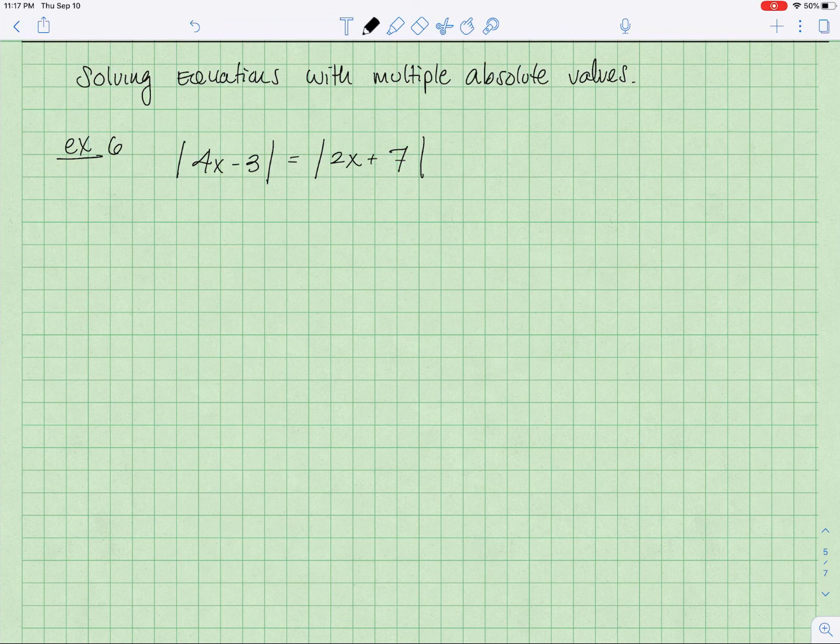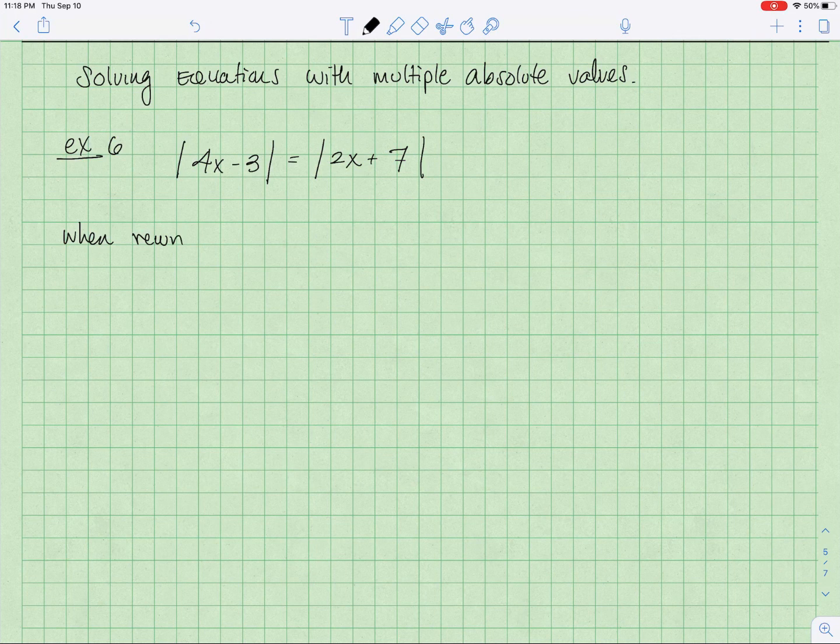You might think, like we did in the previous video, that all we have to do to drop the absolute value is introduce some plus or minus signs. But we have absolute values on both sides. So at first it seems like there are 4 possibilities. Let's go through them. So let me actually write that out.